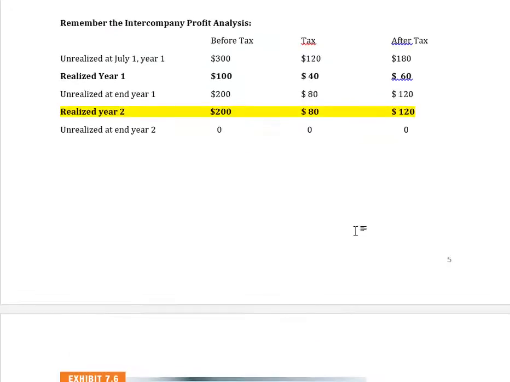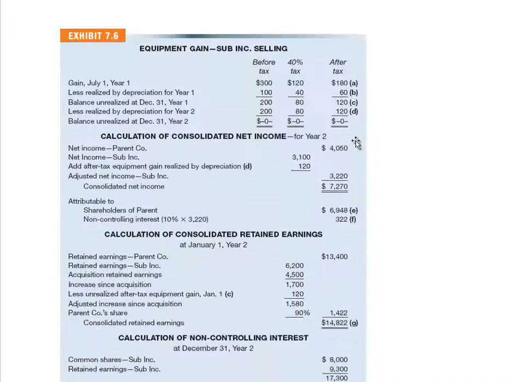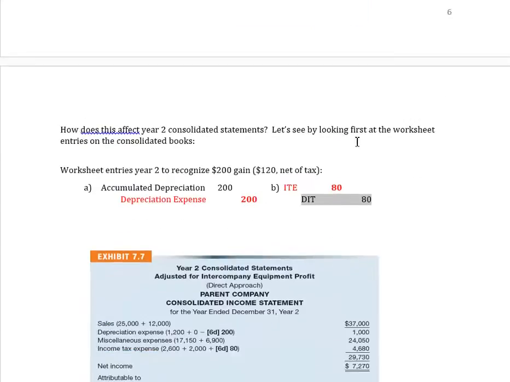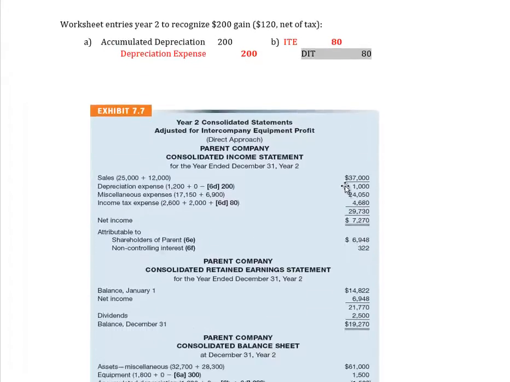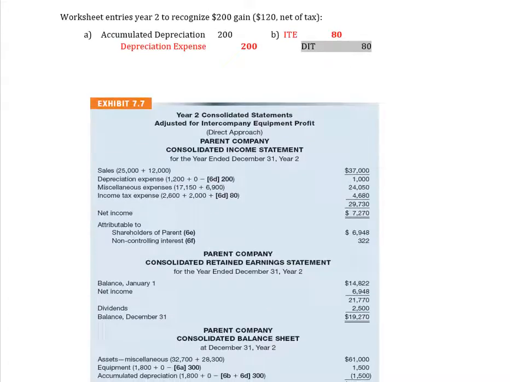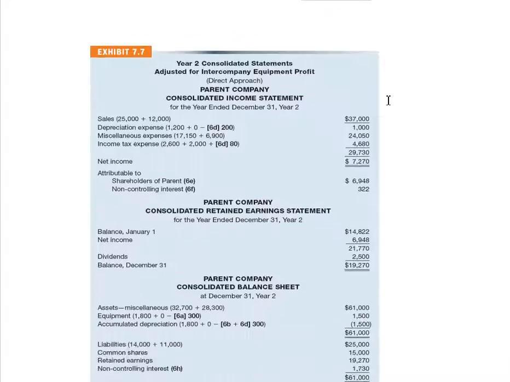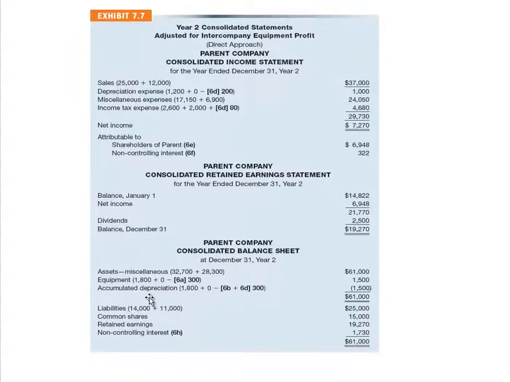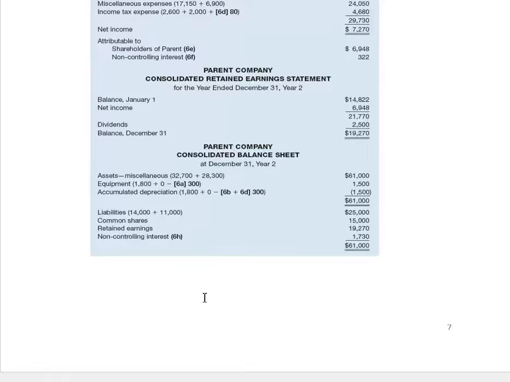You no longer have a prepaid tax because by the time you get to the end of year 2, that total 120 has been fully realized. So now your asset, or your prepaid, has been used up by 80. So the 80 you had and the 80 that you're using up, you've got nothing left. They just didn't show you the 80 minus 80 in here because it's a zero balance account. All right.